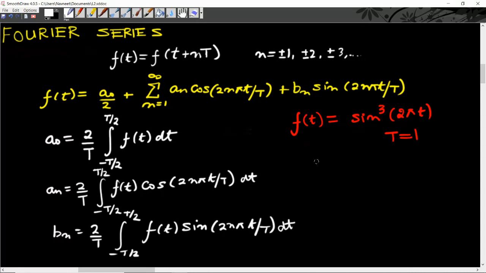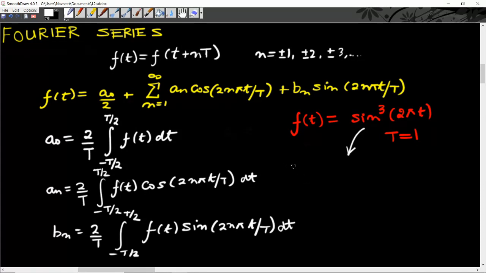This particular function is actually simple, because we can use trigonometric identities to write sine cube 2 pi t in terms of other sines which have different frequencies.